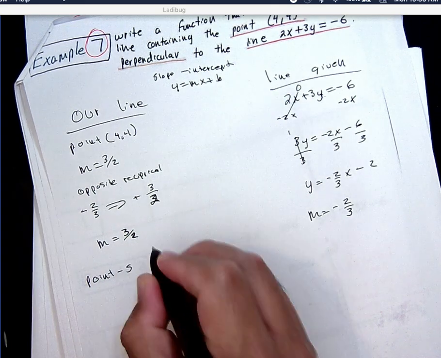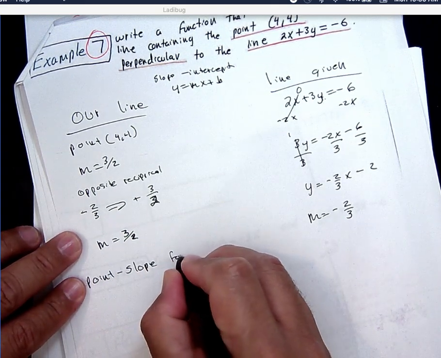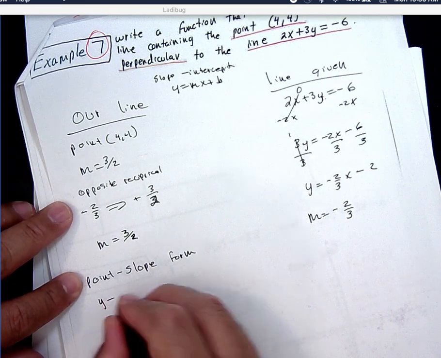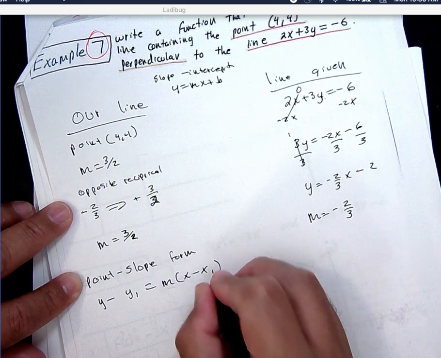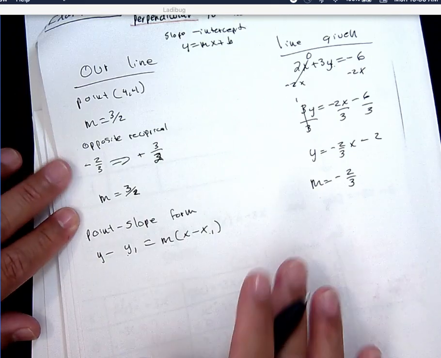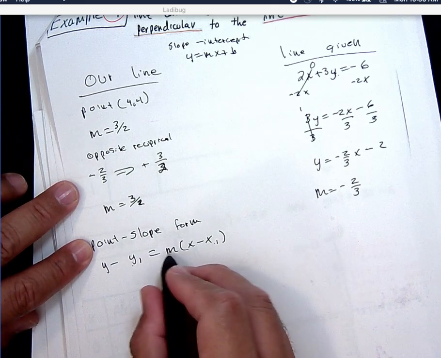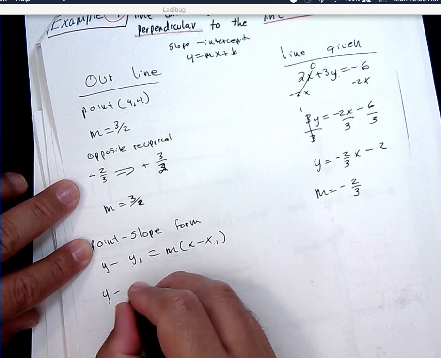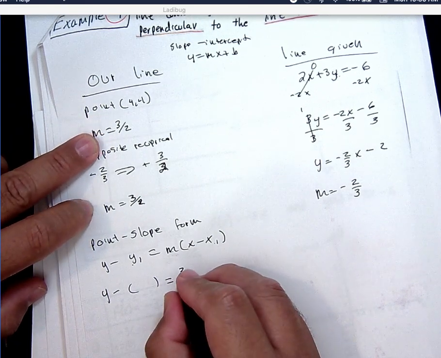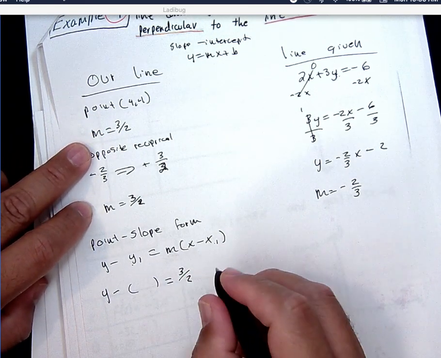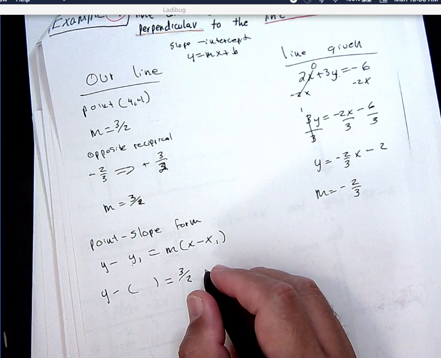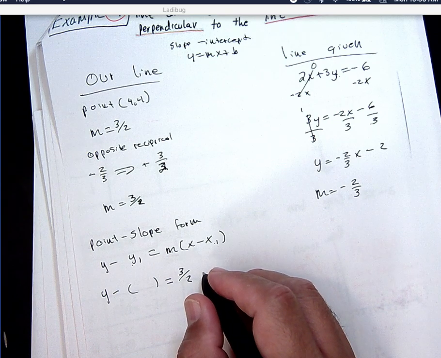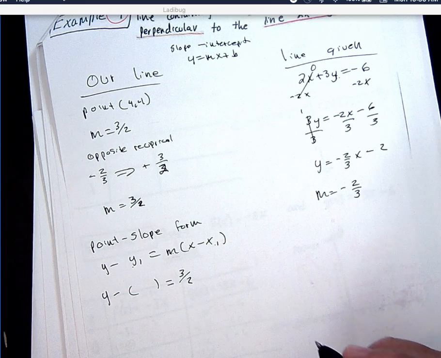You're going to use the point slope form, which is y minus y1 equals the slope times x minus x1. The y1 and the x1 are the point, and that's the slope. So write it down, y minus, and then parentheses. The slope is positive 3/2.